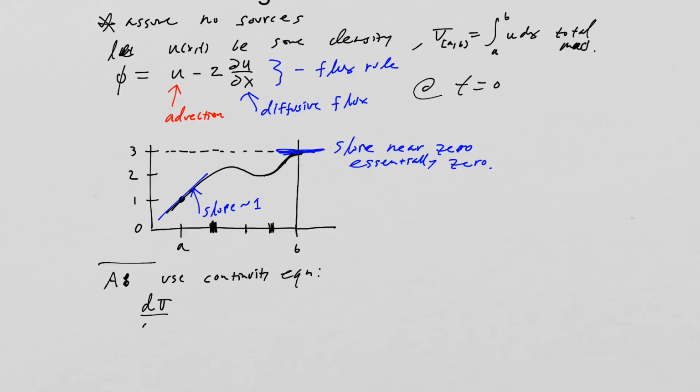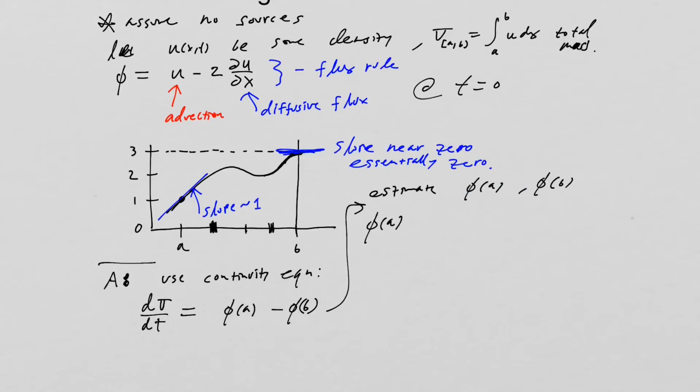dU/dt is going to have to be equal to phi A minus phi B. All right, so we're going to have to estimate phi A and then phi B. So phi A, well, that's going to be equal to u minus 2 ux, the derivative, right?